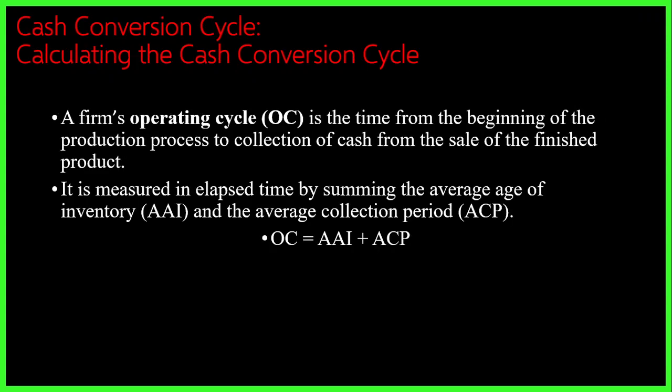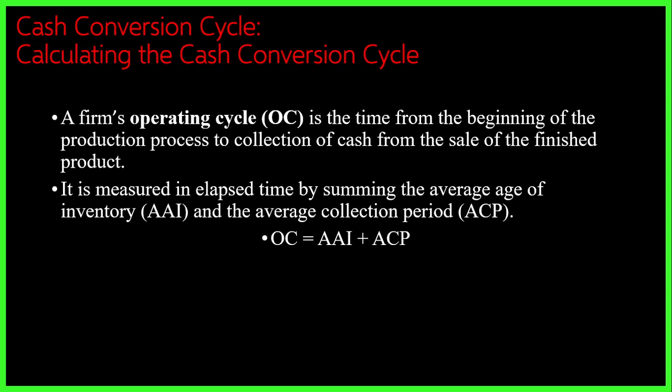So what are the basic components of our cash conversion cycle? First, let's talk about your operating cycle. Your operating cycle is the time from the beginning of the production process to the collection of cash from the sale of the finished product.